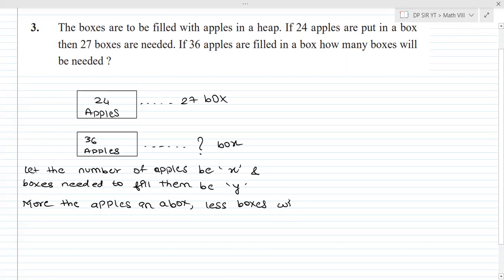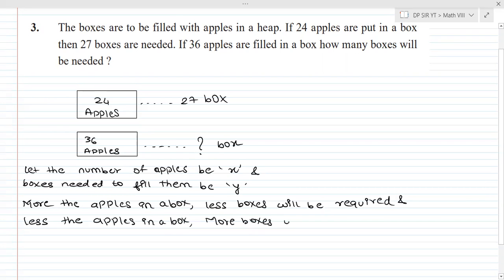And the fewer apples in a box, more boxes will be required. मतलब अगर एप्पल कम डाला बॉक्स में तो मुझे टोटल बॉक्स ज्यादा लगेंगे. ओके, इट मींस दैट अगर एप्पल एक बॉक्स में ज्यादा तो नंबर ऑफ बॉक्स कम, या फिर एप्पल एक बॉक्स में कम तो नंबर ऑफ बॉक्स ज्यादा.